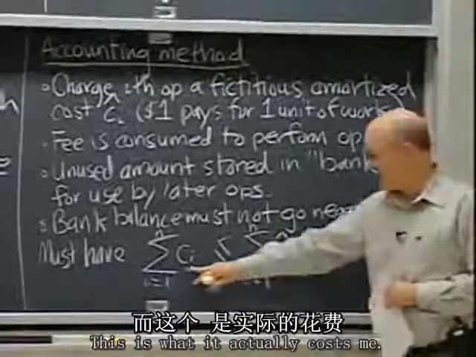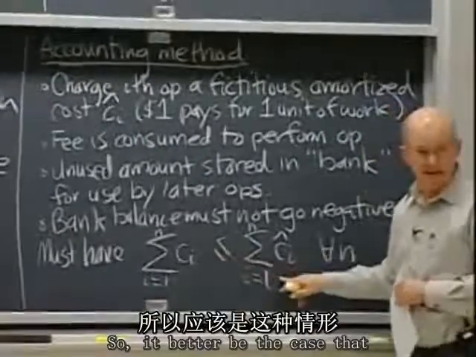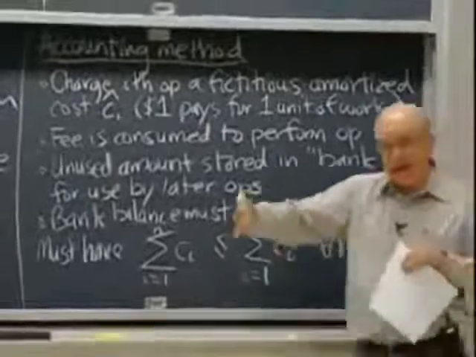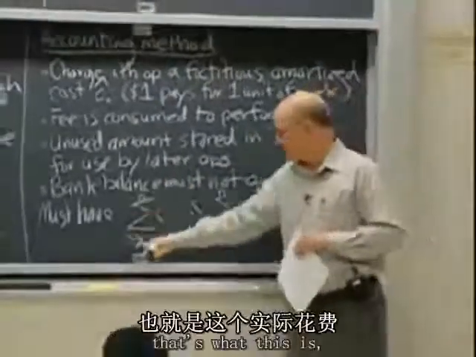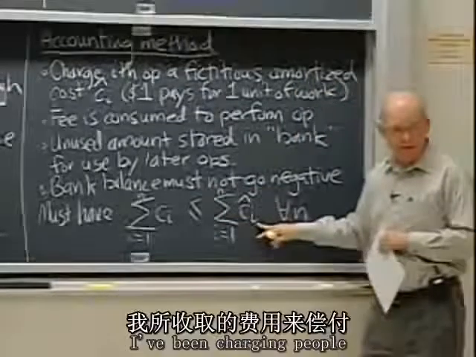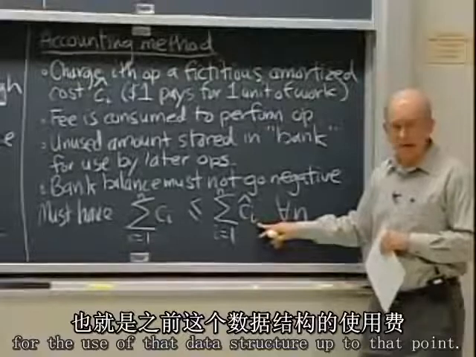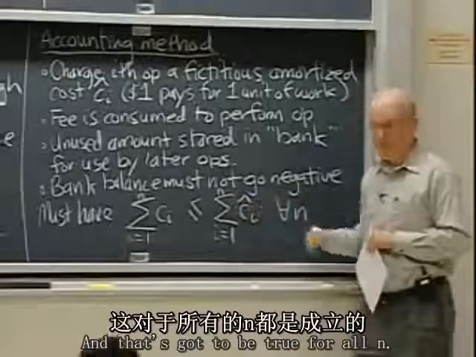This is what it actually costs me. So it better be the case that whatever I've actually had to pay to operate on that data structure is covered by the amount that I've been charging people for the use of that data structure up to that point. And that's got to be true for all n.